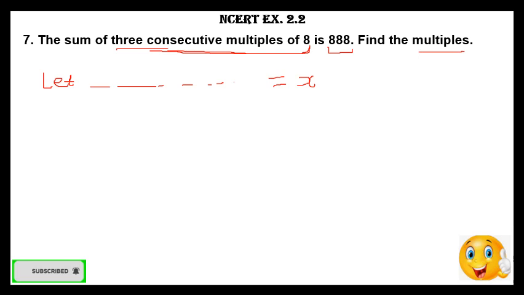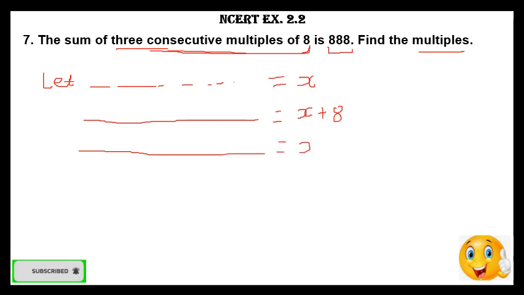The second multiple will be x plus 8. And the third consecutive multiple of 8 will be x plus 8 plus 8, that means x plus 16.